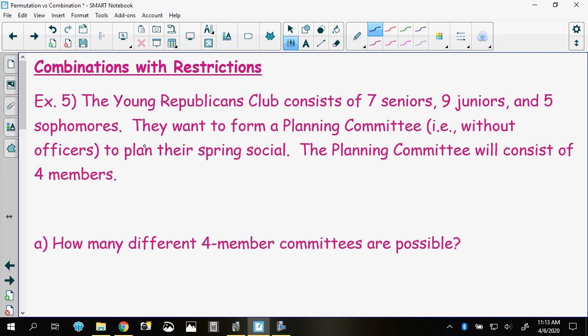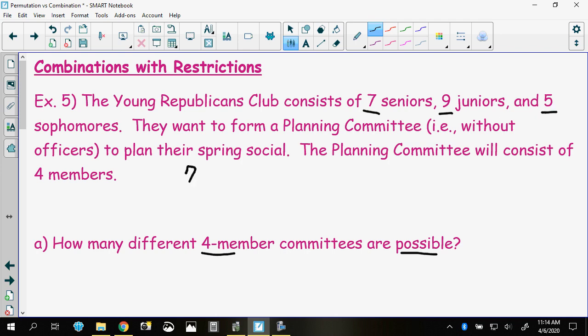Now, when we do combinations with restrictions, there are lots of different ways for these things to have restrictions. So we want to look at a few different types of ideas. First thing, we're looking at total number of committees possible. Okay, so if we're doing a 4-member committee, how many are possible? Well, total number, we have 7 seniors, 9 juniors, and 5 sophomores.